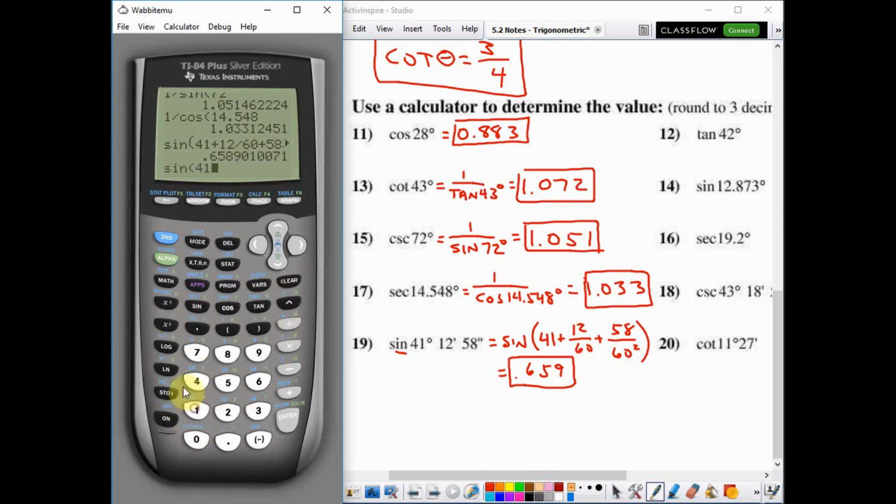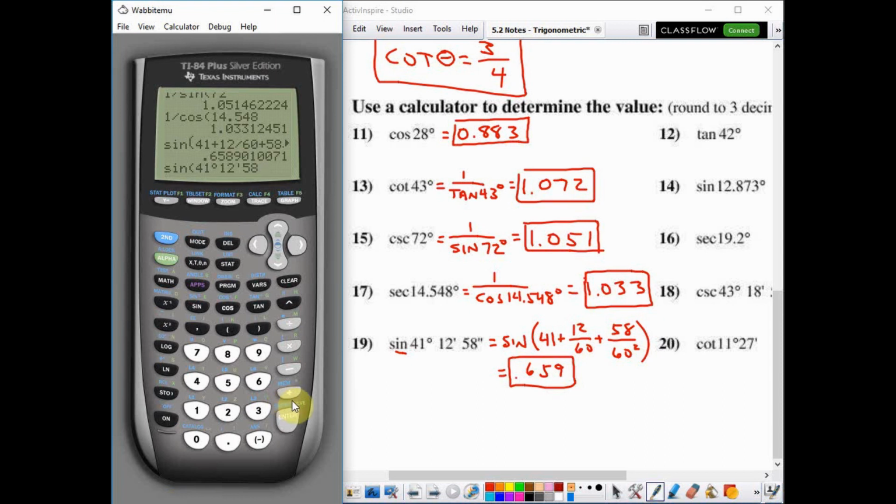Sine 41, second angle, option 1. 12, second angle, option 2 is minutes. And then 58. In angle there's no seconds, so here's how I do that.